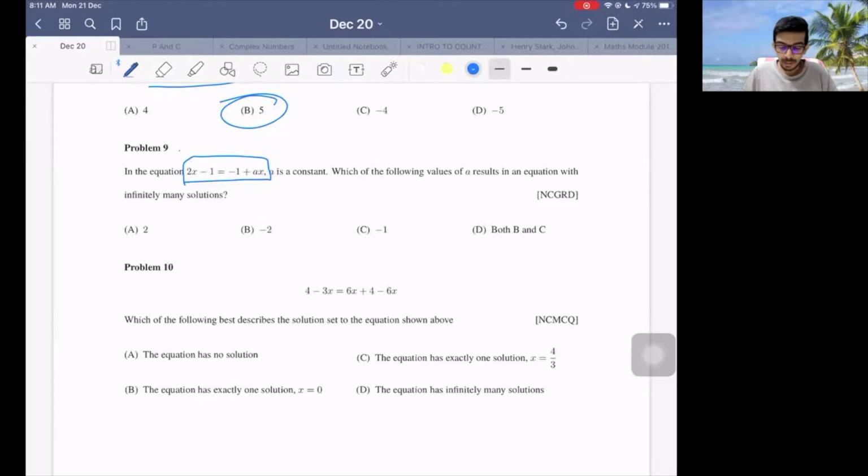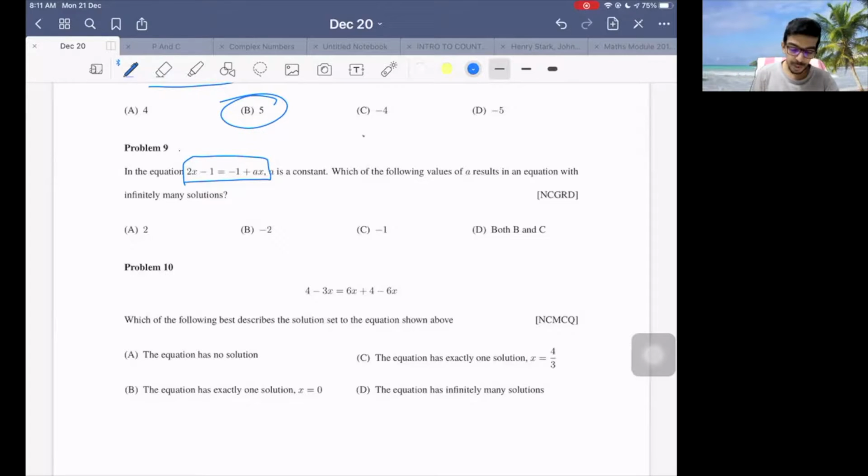So we need to look at the case where there are infinitely many solutions. When they say infinite solution, it should strike you immediately. They are talking about identical expressions on both LHS and RHS, right? So we are looking at identical expressions on both sides.